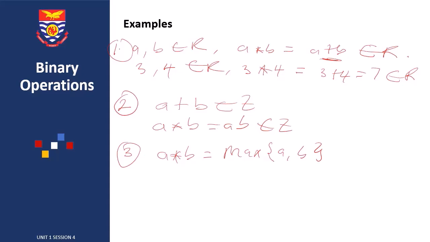Then the star is a binary operation. You can see the star is a binary operation because for any numbers I choose, I can definitely get the maximum of those numbers. And that is an example of a binary operation.